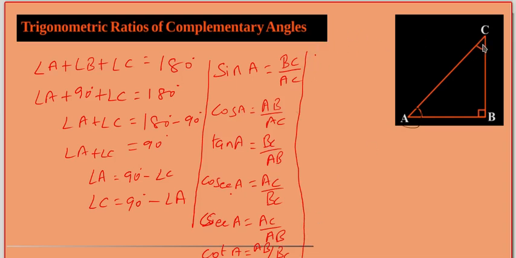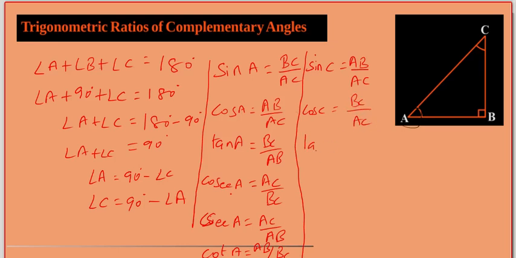Now we'll get all the trigonometric ratios for angle C. So sin C is what? At angle C, the opposite side is AB, so AB divided by hypotenuse AC. Next, cos C is adjacent side divided by hypotenuse, so BC divided by AC.